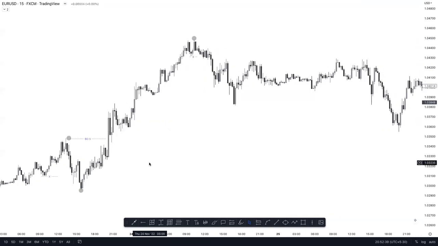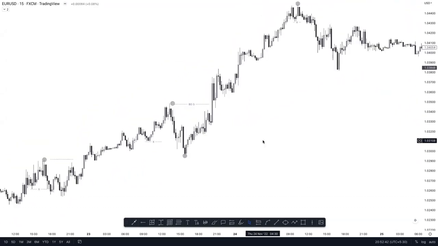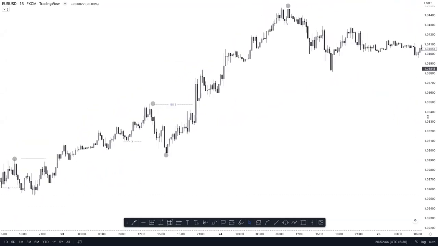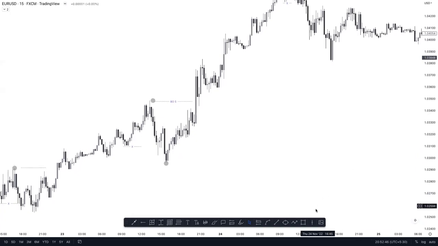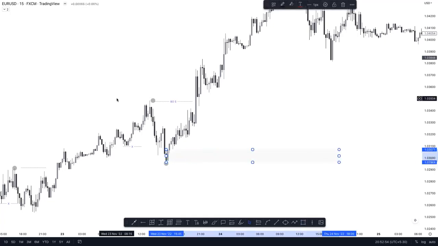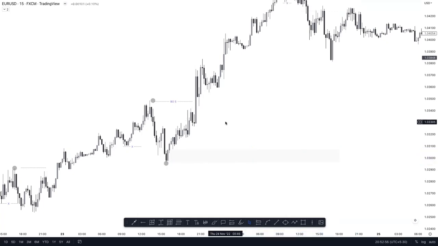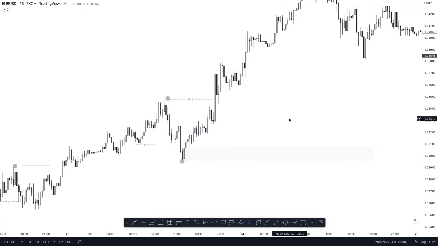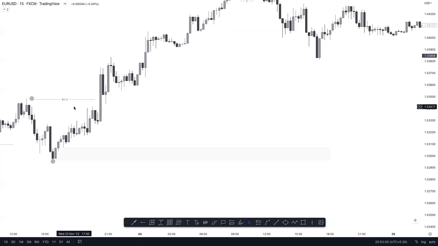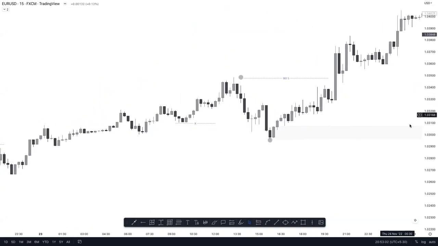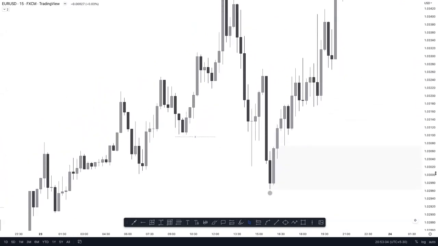In this case, you have to identify where our unmitigated order block is, the extreme. Start from the extreme. If you look here at this candle, this one is our extreme, right?